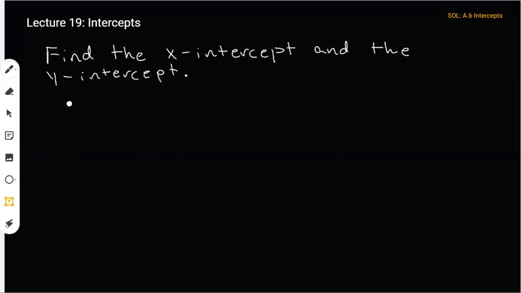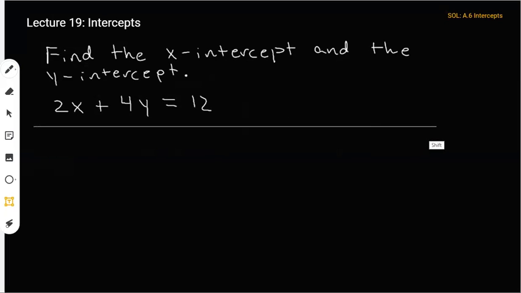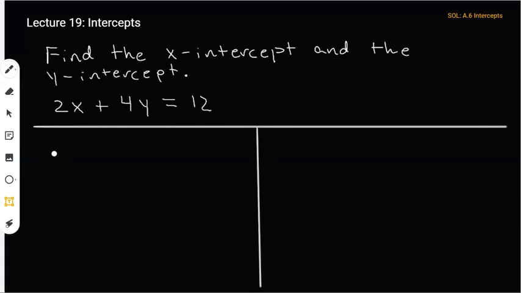So our line is going to be 2x plus 4y is equal to 12. So what I'm going to do is I'm going to divide my screen into two. I'm going to find the x-intercept on this side, the left side, and I'm going to find the y-intercept on the right side.